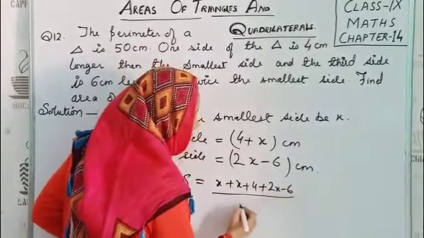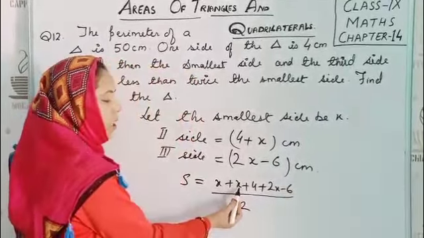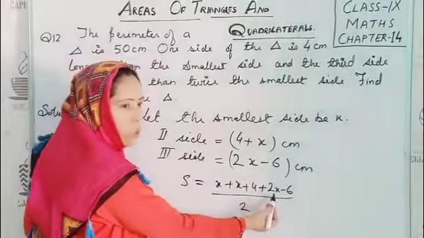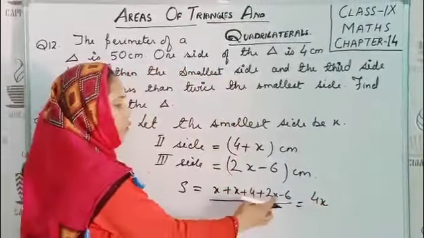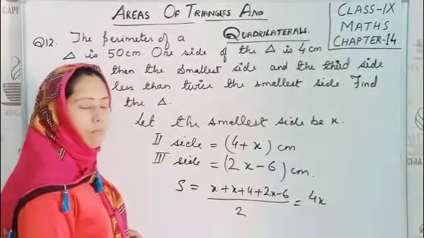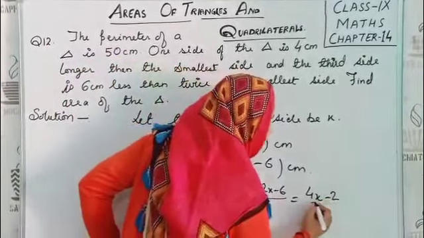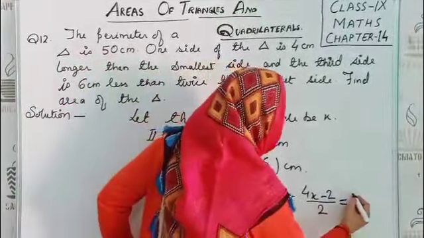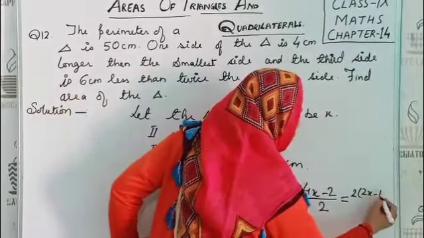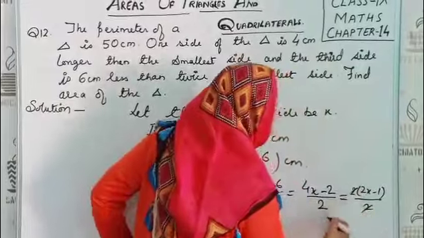Sum of all sides divided by 2. x plus x is 2x, 2x plus 2x is 4x. 4x plus 4 minus 6 is minus 2, divided by 2. When you take 2 common, it becomes 2x minus 1 upon 2.